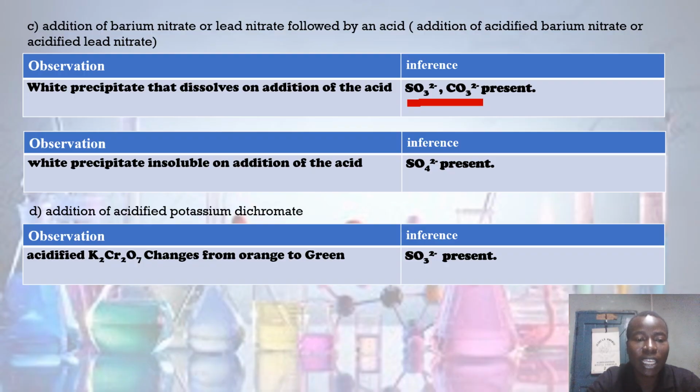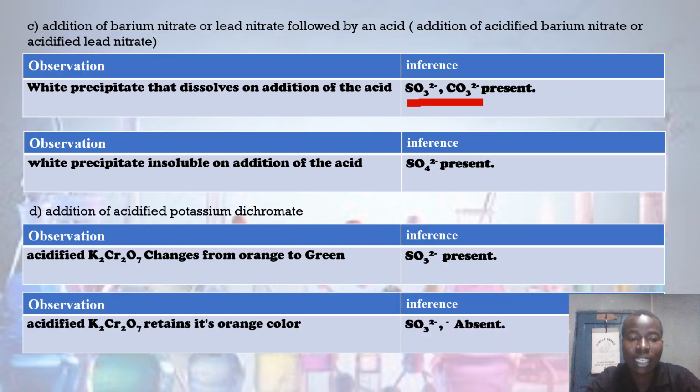Now, if the acidified potassium dichromate changes from orange to green, it will imply that the sulfite ion is present. But if the acidified potassium dichromate retains its orange color, it will mean that the sulfite ion is absent.